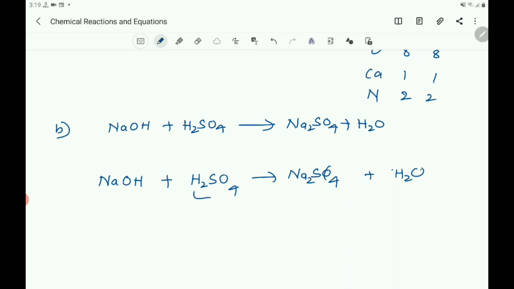H2 is there. Here also H2 is there. But only here Na, Na2. To balance it, what can you do? 2 you can write here. But if you write 2, O and O4 becomes 6. Here O4, and you can have 2 here. Then what about hydrogen? Hydrogen also, H2, 2H4 it becomes. Here 2H2O4 also. Then you can think that the equation is balanced.